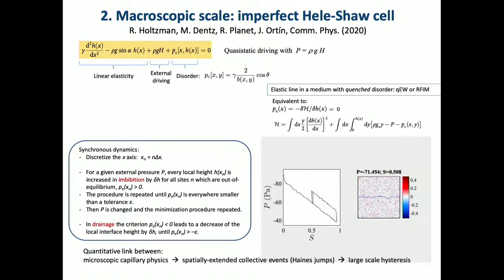Then we realized that the equation we had derived was actually, for an extended front, the same as the equation for an elastic line in a medium with a quenched disorder. And because we linearize the equation, this term here, it turns out that it is the quenched Edwards-Wilkinson interfacial equation, because it's the linearized version of interfacial equations in disordered media.